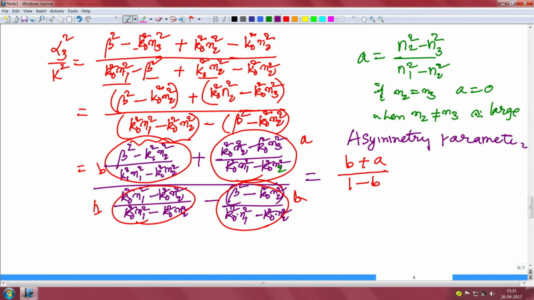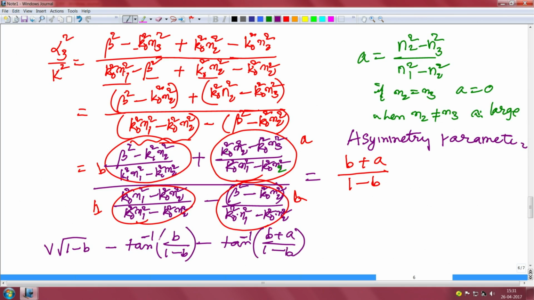With this we can rewrite our equation for the characteristic modes of the asymmetric slab waveguide as v root 1 minus b minus tan inverse root of b by 1 minus b minus tan inverse root of b plus a by 1 minus b equals m pi.